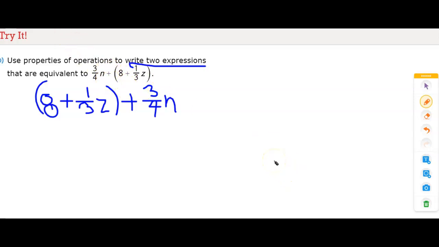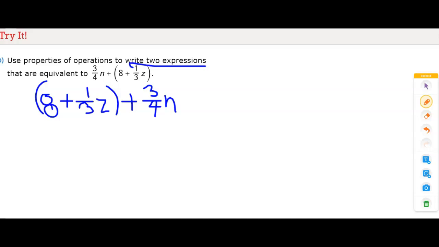So with the associative property, again, you're just changing the order. The other property of operations we can use is to just switch the order of the numbers, which would be the commutative property.